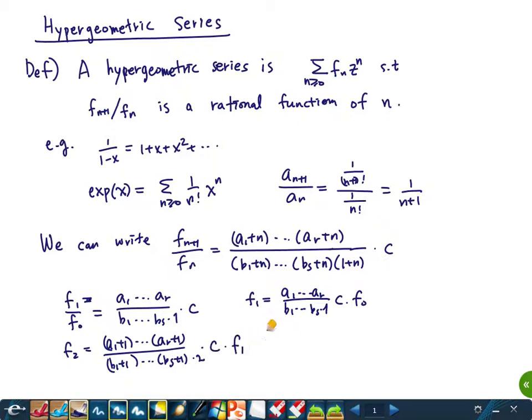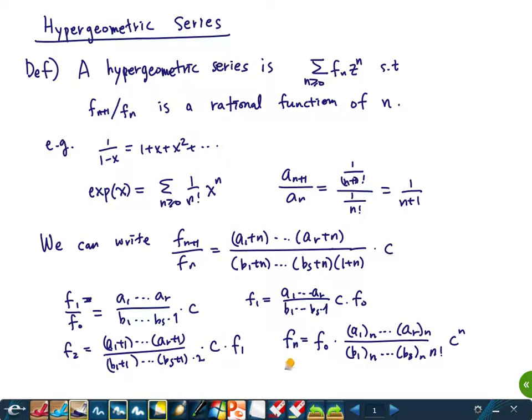So we now replace f1 by this, and in general Fn can be written in this way. Fn equals F0 times the product of (a1)_n through (ar)_n over (b1)_n through (bs)_n, times n factorial, times c to the n.